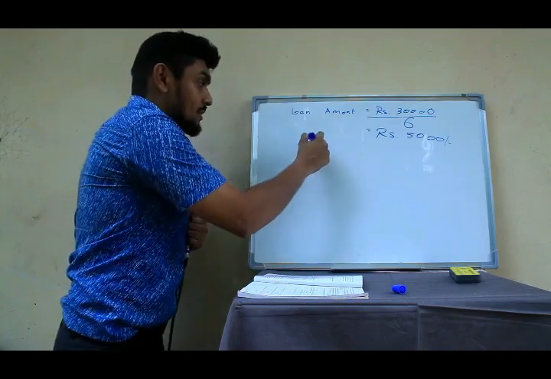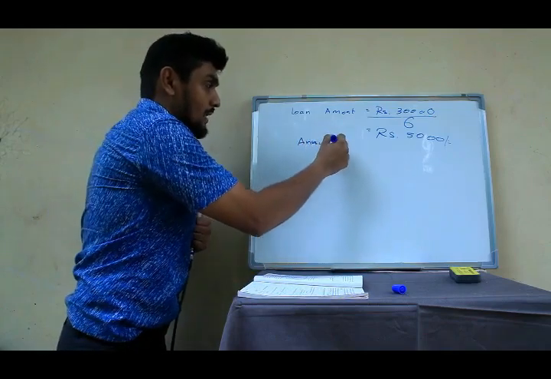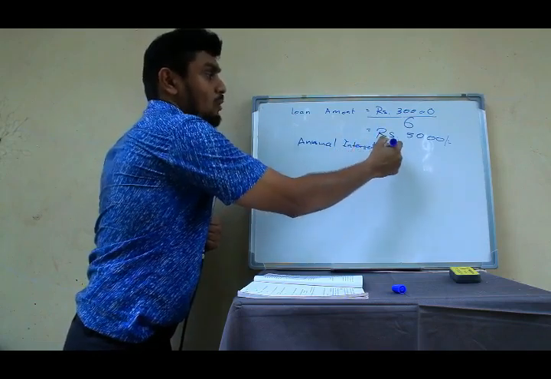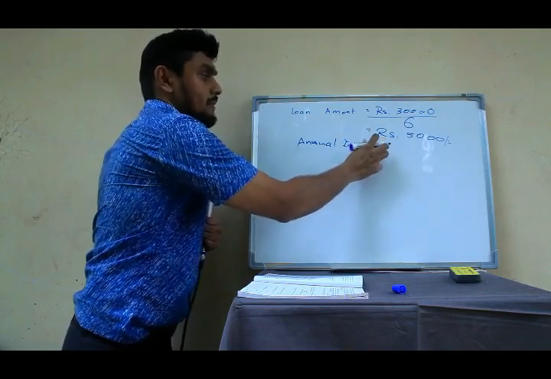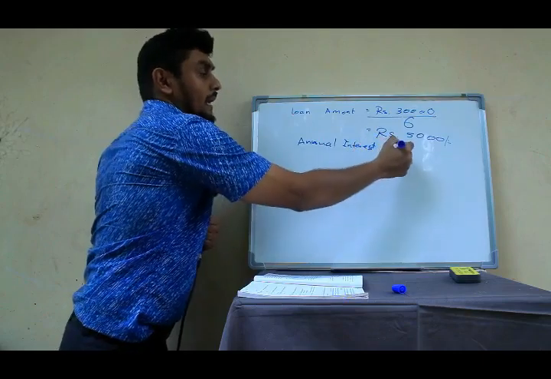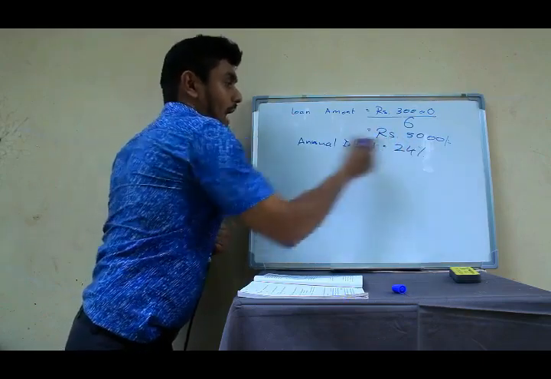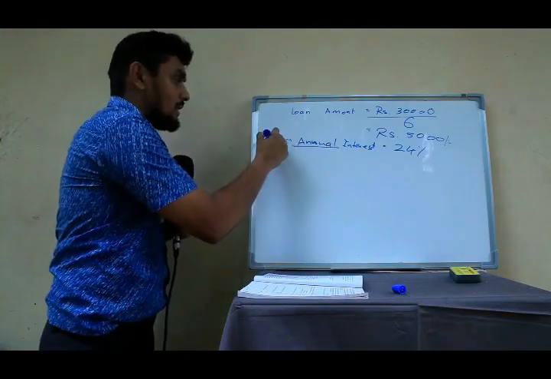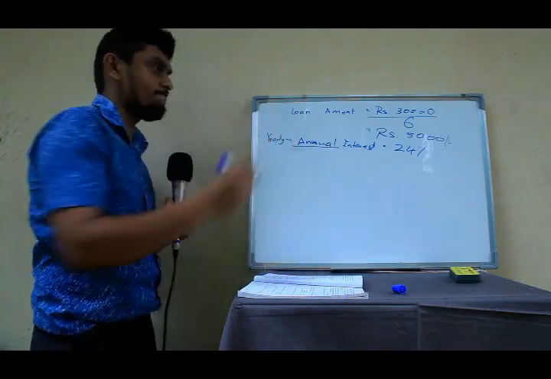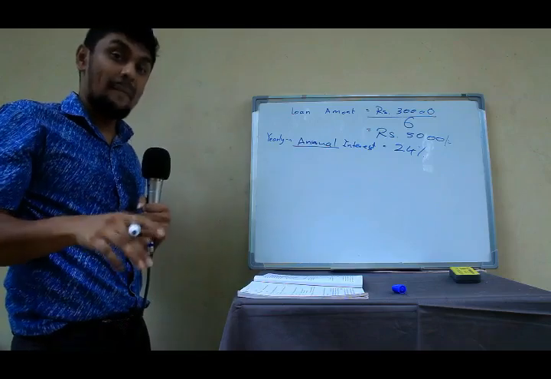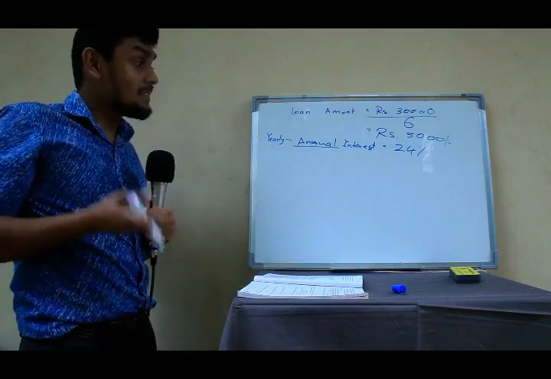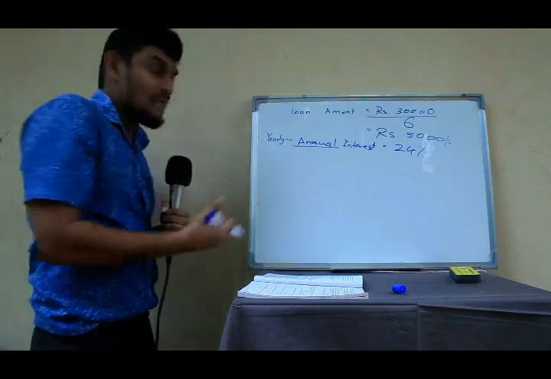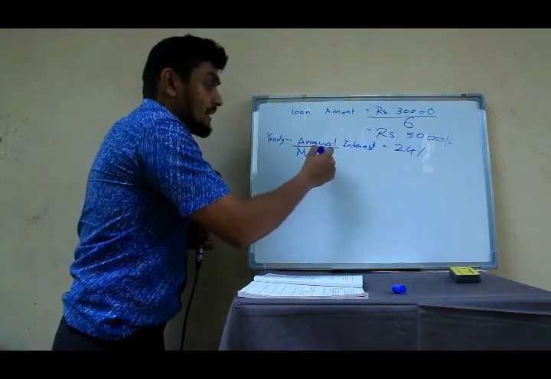Annual interest is 24. What do you mean by annual? Annual means yearly. So we should not pay yearly. We should pay monthly. So monthly interest.